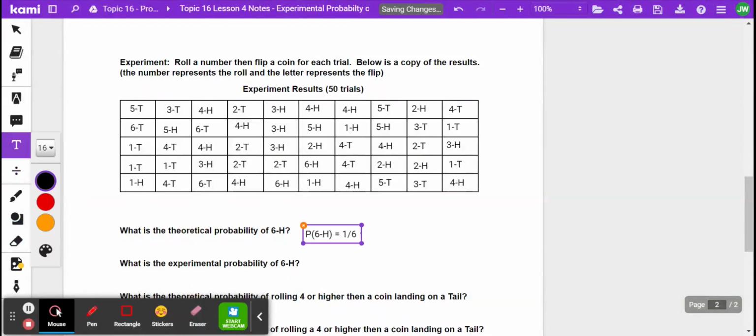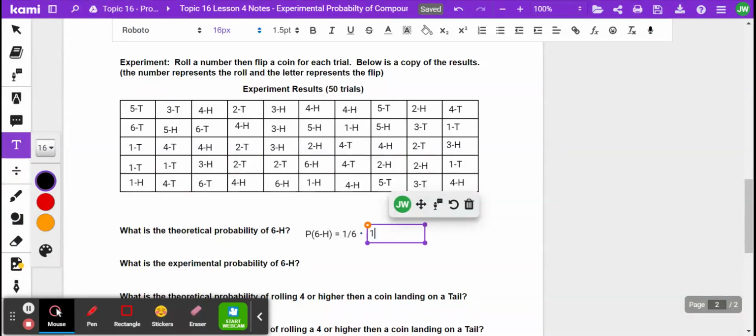I'm going to multiply that by the probability of getting a head, which is 1/2. When I multiply that, 1 times 1 is 1, and 6 times 2 is 12. So the probability of getting that theoretically is 1 out of 12.